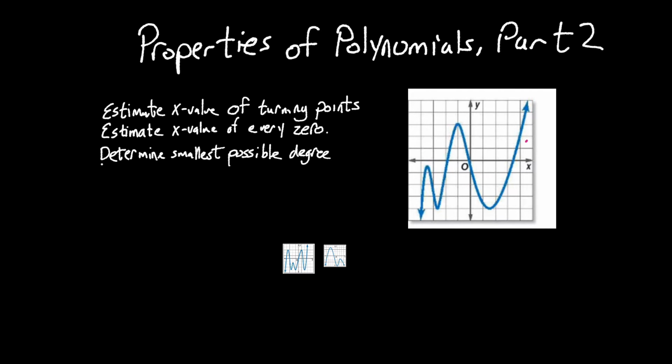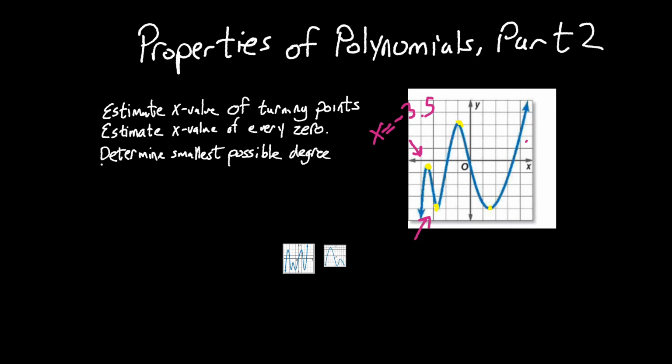Let's label our turning points. I've got 1, 2, 3, and 4 turning points, so my estimated x values of these turning points for this one. So let's see, it's between negative 3 and negative 4, so we'll say x equals negative 3.5.